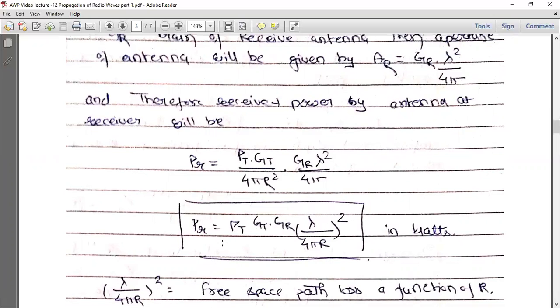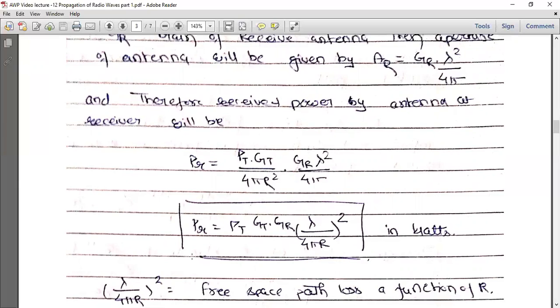Even when you perform some research related to wireless communication, like suppose you are performing research in wireless sensor networks, in that case, many of the times you consider this model or this Friis transmission equation as the equation used for finding the received power at the receiving end in a very ideal environment. Okay, this is the ideal environment.